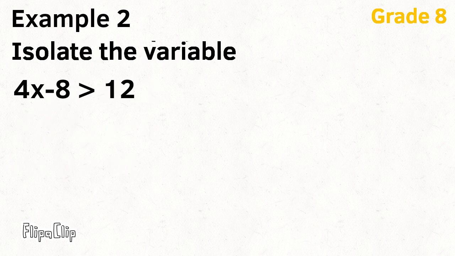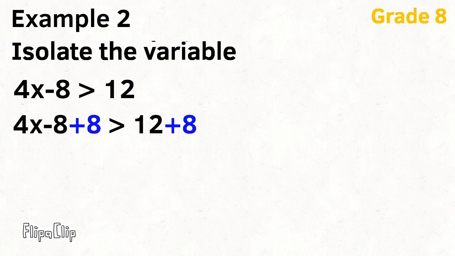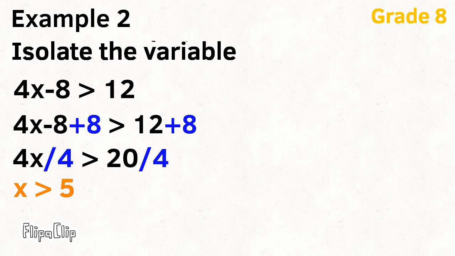The next step is to isolate the variable. To remove negative 8, we have to add 8 to both sides. That'll give us 4x is greater than 20. To remove the number 4, we have to divide both sides by 4. And that'll give us x is greater than 5.